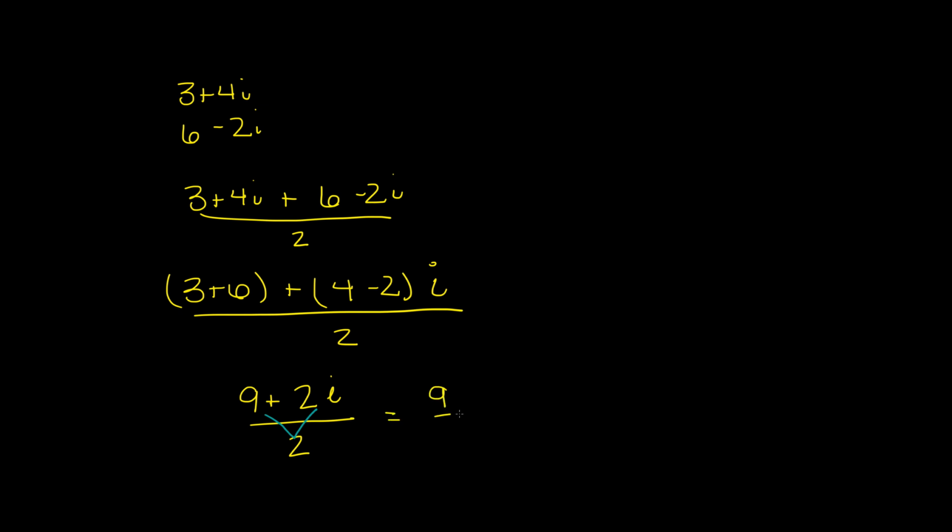So this is 9/2 plus 2i over 2, or 4.5 plus i. So from this we get the point 4.5 for the real, 1 for the imaginary, and you can find the midpoint of any segment in a complex plane by finding the average of the complex numbers, or by using the midpoint formula.